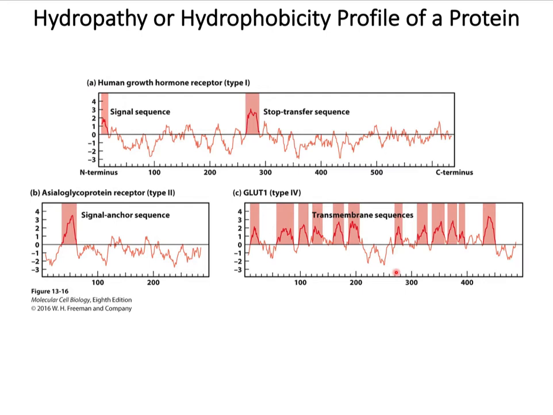If it is a transmembrane protein, how many passes it makes through the membrane. Whether the N-terminal is in the cytosol, or in the lumen or extracytoplasmic face. All this information you can derive from the hydropathy or hydrophobicity profile of a protein.